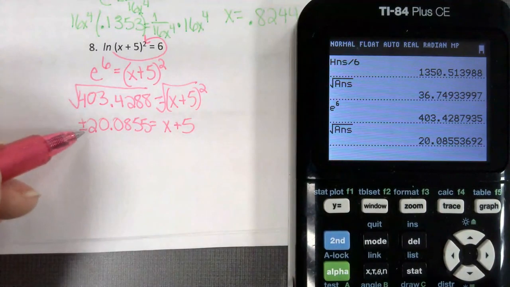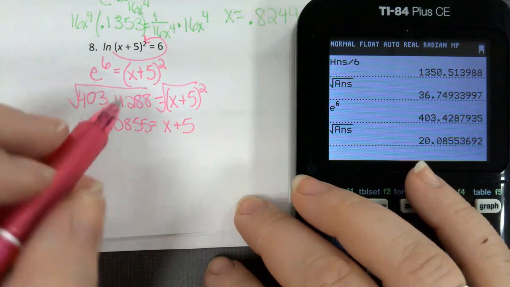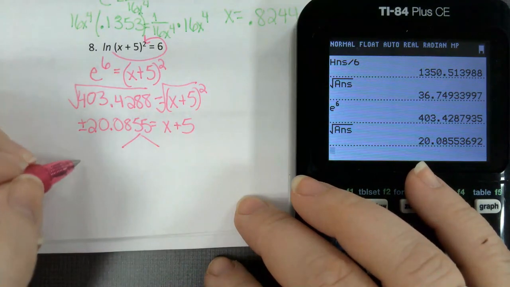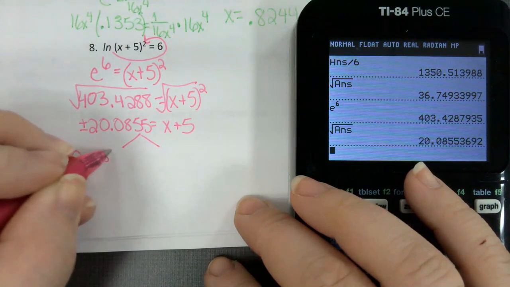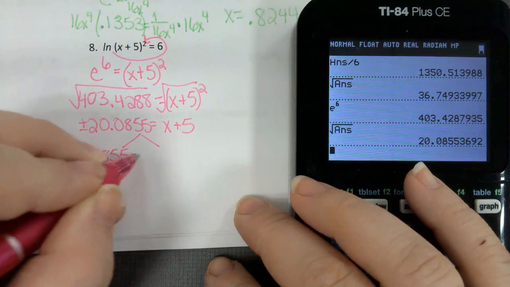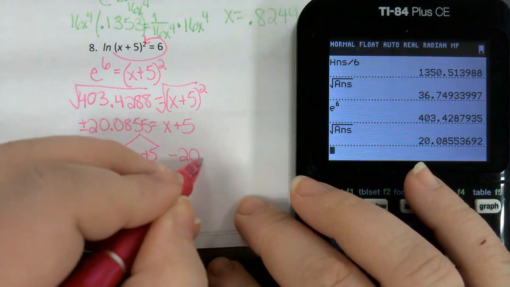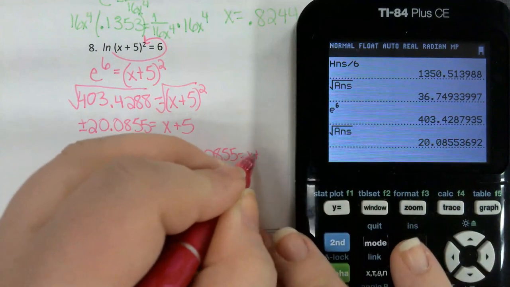Now this plus or minus, because I'm going to need to subtract both sides by 5, I need to actually split this into two separate equations. We have positive 20.0855 equals x plus 5, and we have negative 20.0855 equals x plus 5.